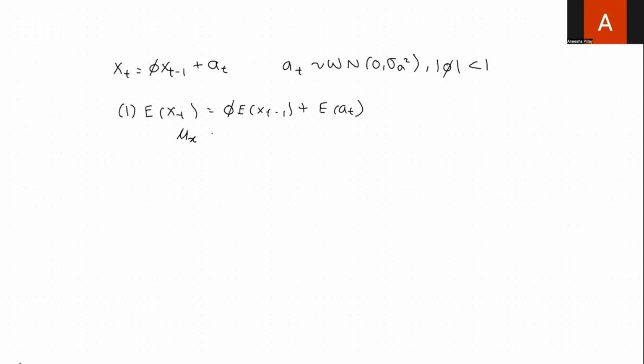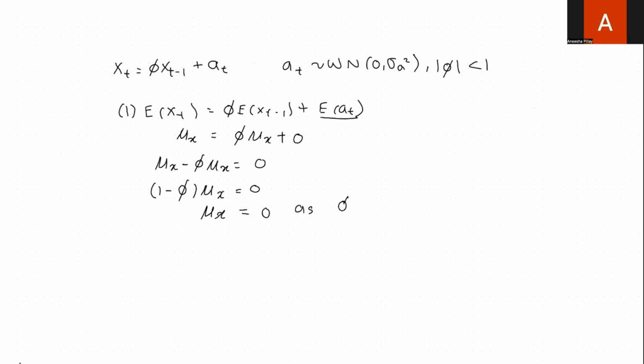So this would become mu_x as well, and then the mean of your white noise is 0. So when I move this to the other side, it would become mu_x minus phi mu_x equal to 0. In this case, if you notice, mu_x would be equal to 0 as your phi is not equal to 1, because of this condition.